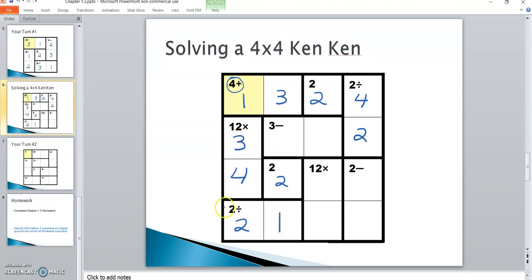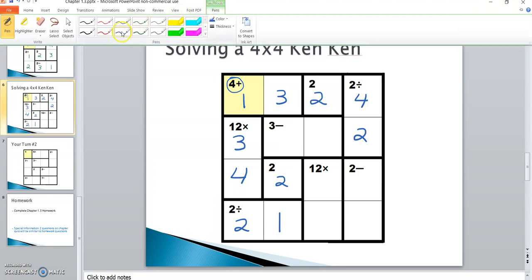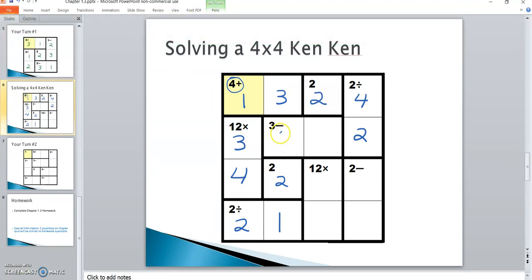And what I would like you to do now is just pause the video and finish off this Ken Ken. Okay, so just to finish it off, you'll notice that every row has numbers 1 through 4, and each column has numbers 1 through 4.